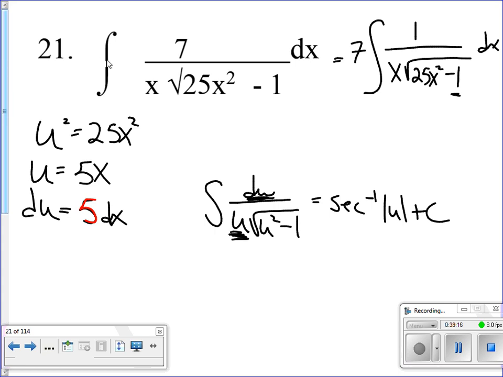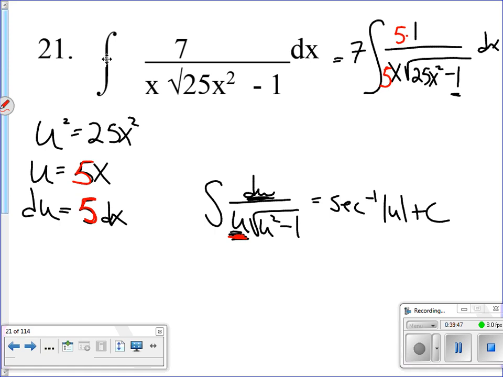To have du up in the numerator, I'm missing a 5. I put a 5 up here. But to have my u down here, I'm also missing a 5 out front in the denominator. So I don't have to compensate outside, because what I've really multiplied inside by is 5 over 5. We needed 5 in the numerator for the factors of du, and a 5 in the denominator for the factors of u.